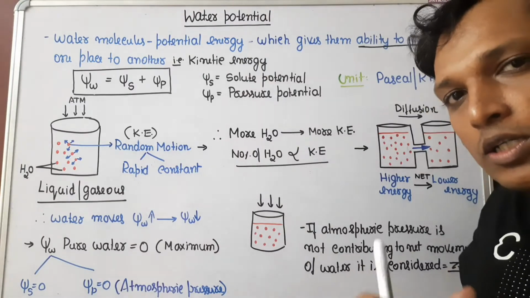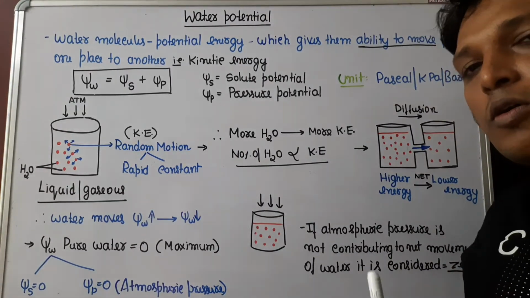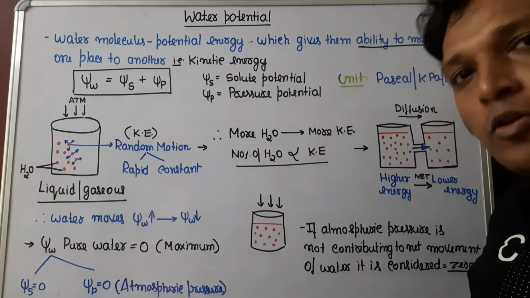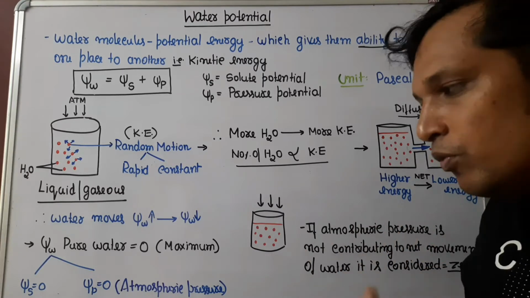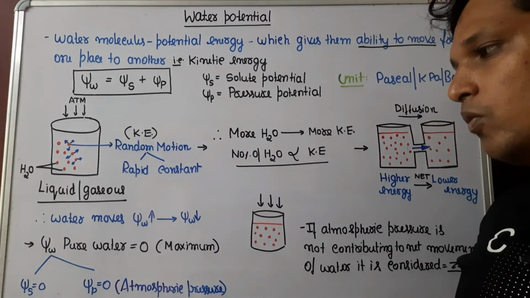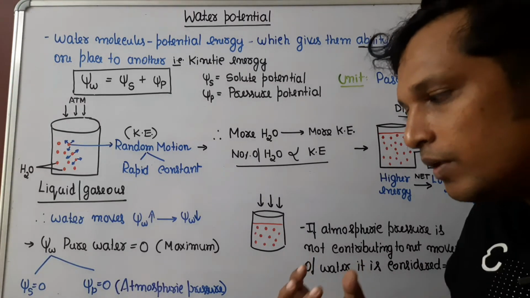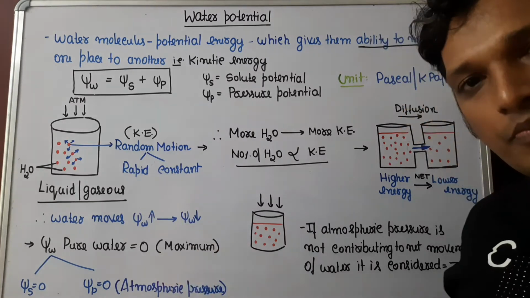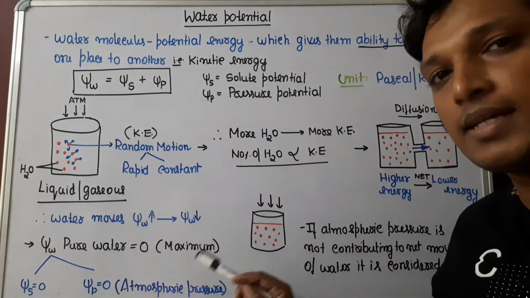So, which water will have more water potential? Obviously, the more the number of water molecules, the more the water potential. Pure water will have more water molecules. But what is the value of that water potential? It is 0, and that 0 is the maximum value.